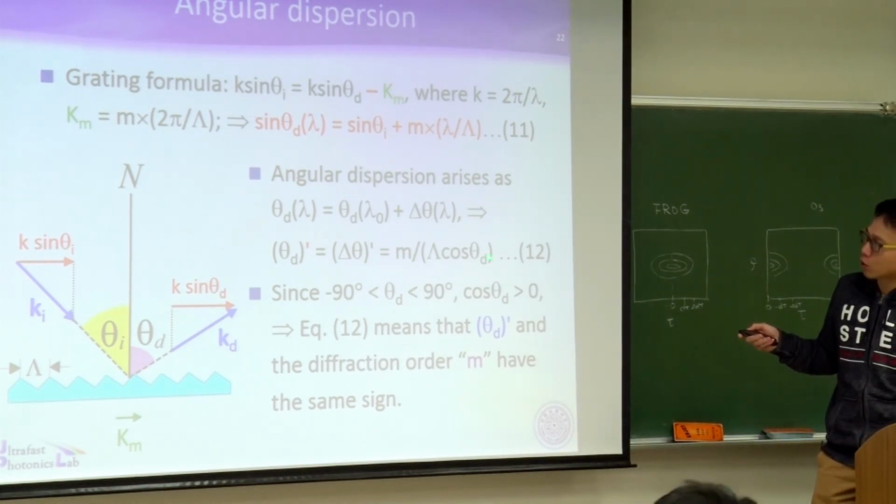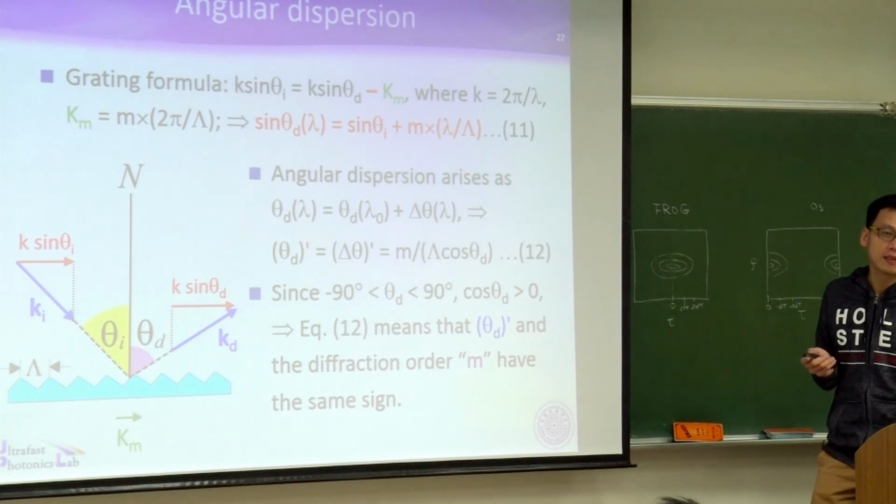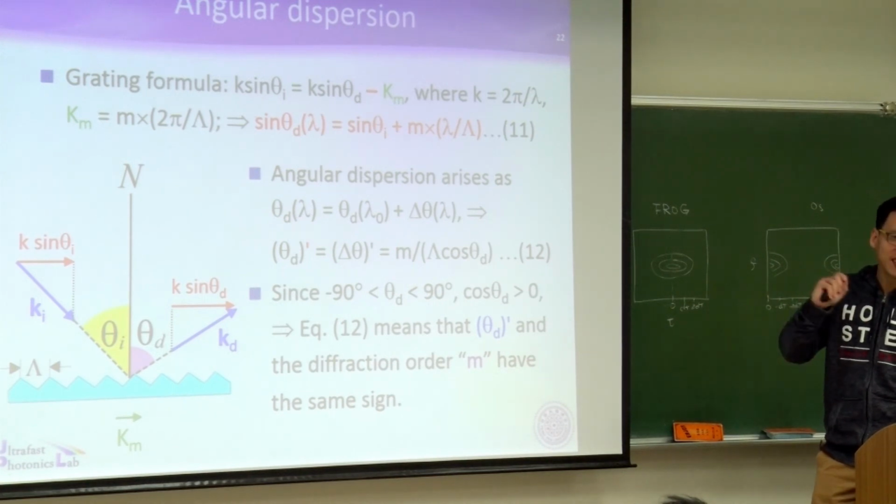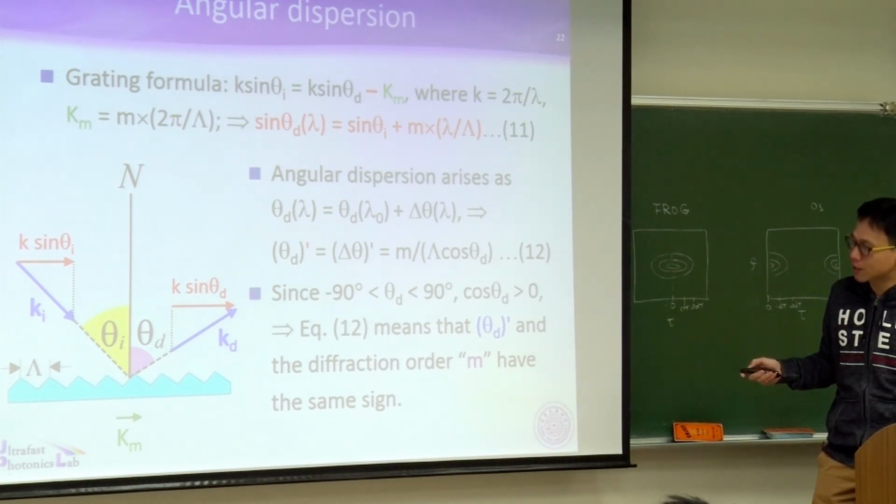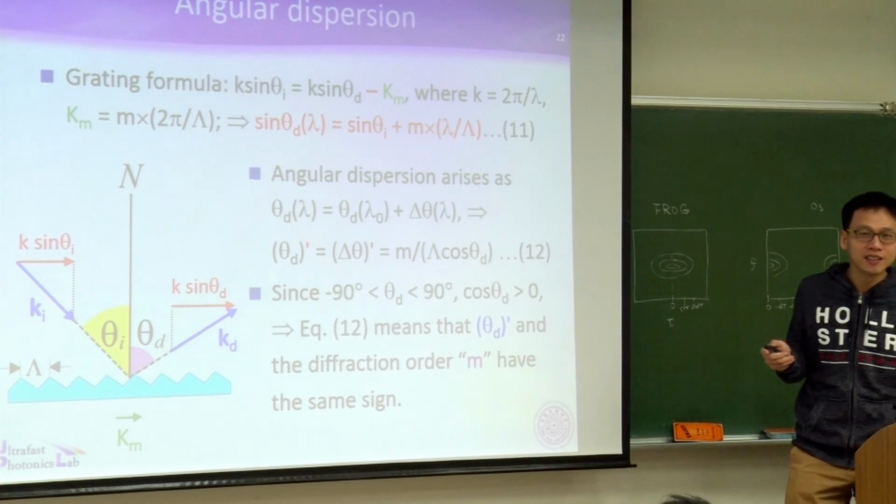And according to equation 12, the grating pitch is always positive. So you know the sign of the derivative of theta d is always the same as the diffraction order n. N is an integer, but it can be positive or negative. We might need this relation later.